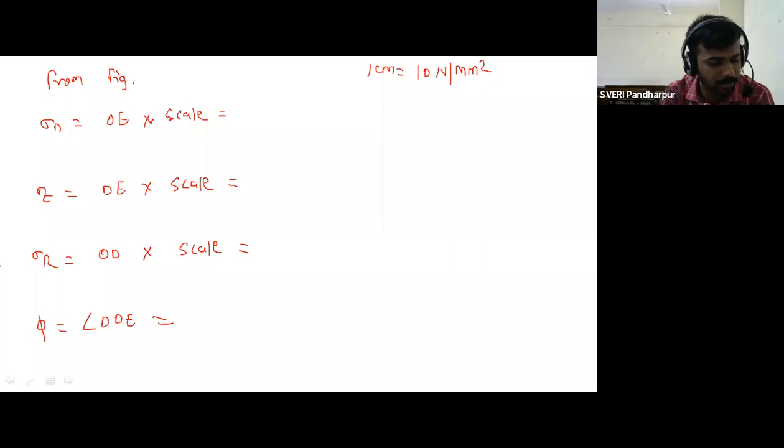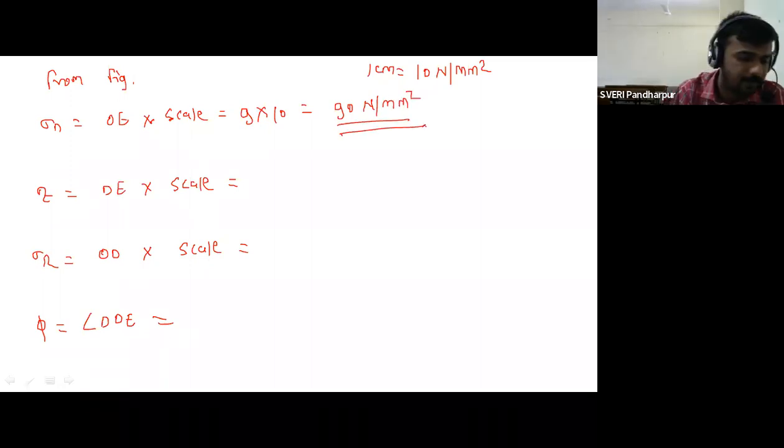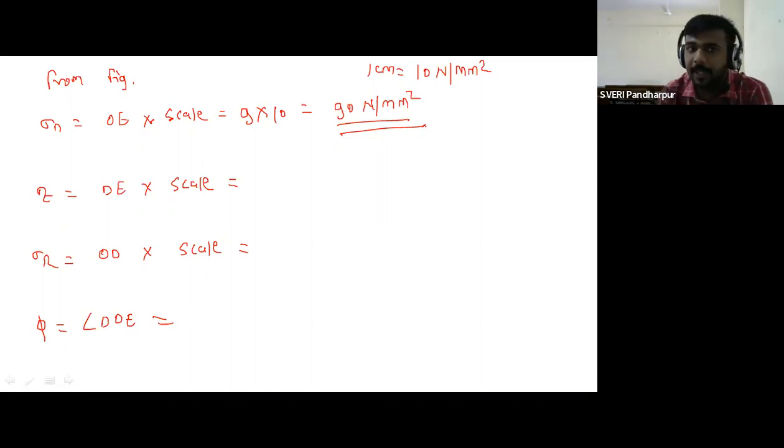What is your answer? Whether it is 9 or some 9.1, 9.2 like this. Okay, 9. So 9 into 10 is equal to 90 Newton per mm square. This is sigma n. 9 centimeter is the O to E distance.